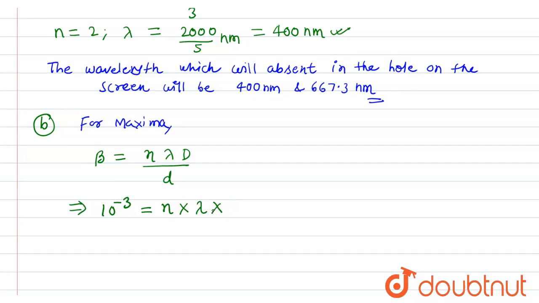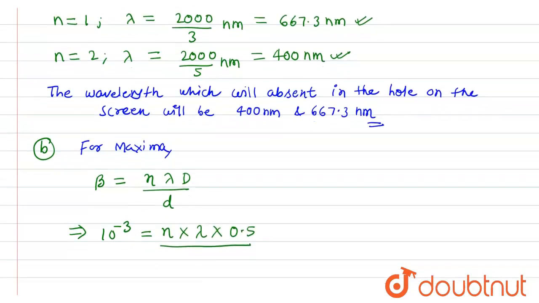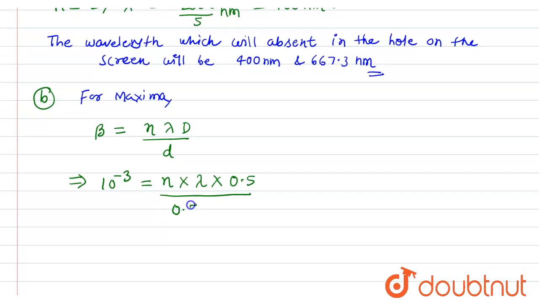D is given as 50 centimeter, so it will be 0.5 meter, upon small d, which is 0.5 millimeter, that is 0.5 into 10 to the power minus 3 meter. So this will cancel each other. Here lambda will be 10 to the power minus 6 by n meter.